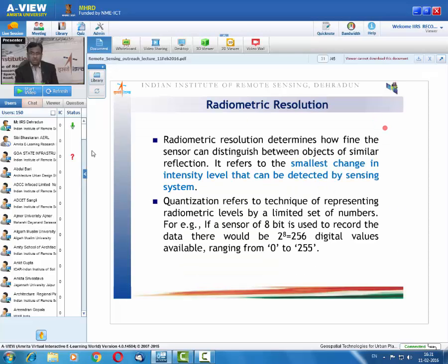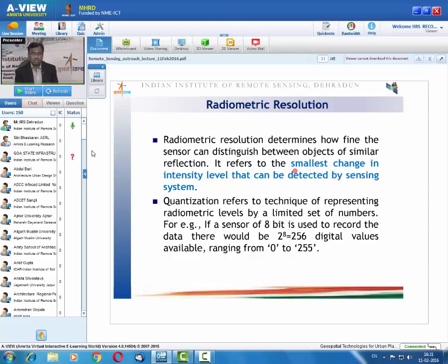Next, the important resolution is the radiometric resolution. The radiometric resolution helps us understand features which may look similar when the radiometric resolution is coarser. When the radiometric resolution is finer, we are able to distinguish between the features.